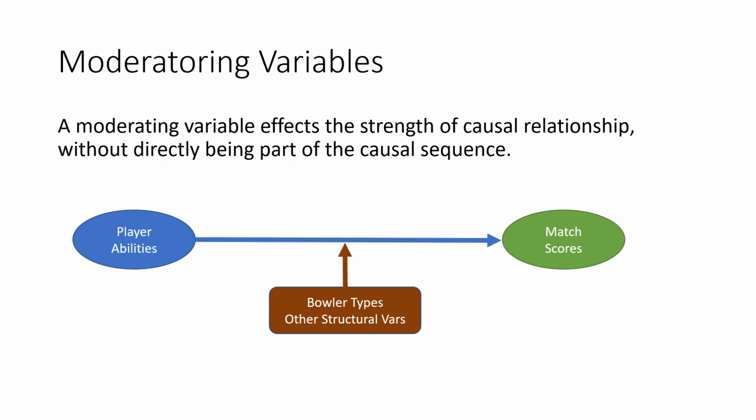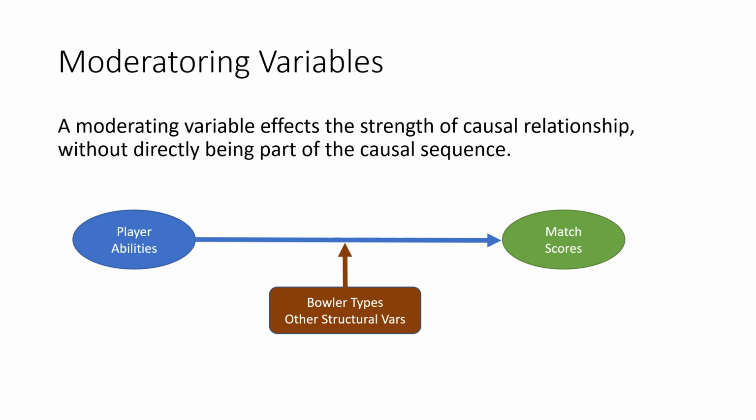We have player abilities which affect match scores, but the bowler types and other structural variables like the pitch and the weather conditions, etc., affect how abilities are transformed into scores. So these variables, which are not actually directly part of the causal sequence, are called moderating variables because they influence the relationship between the causal variable and the effect variable.